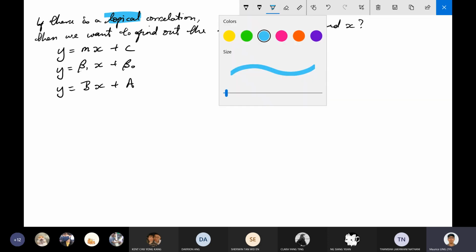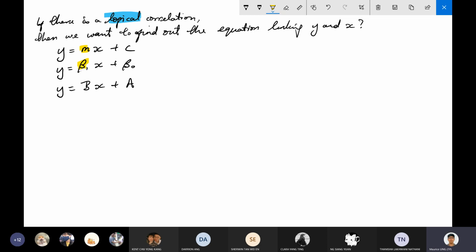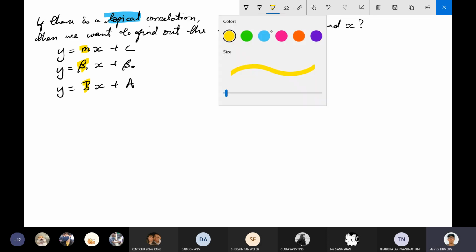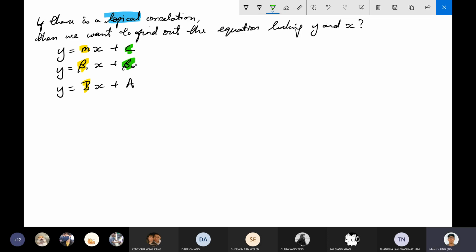So these are the same meaning. Now, let's say you do your experiment and you have your y and x.